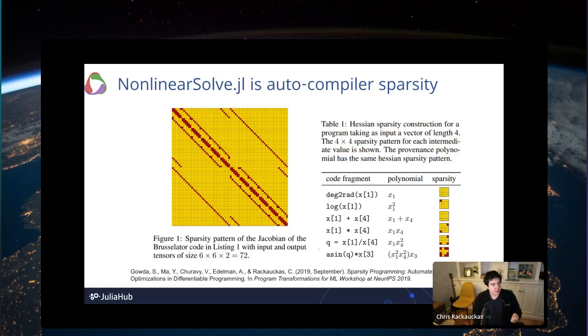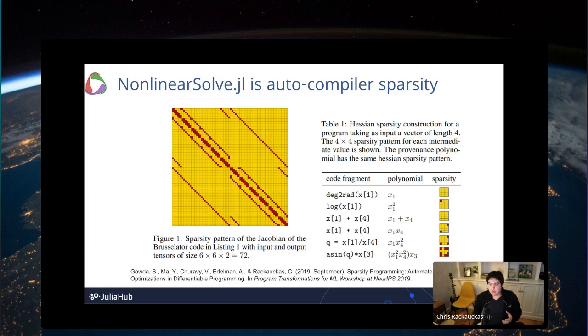You can compute this because effectively you know that your sparsity pattern is going to have a 0 only if there's no way that input I could affect output J for all inputs. So you really just have to trace through your code. It's a taint analysis to basically say, does this input ever taint this output?